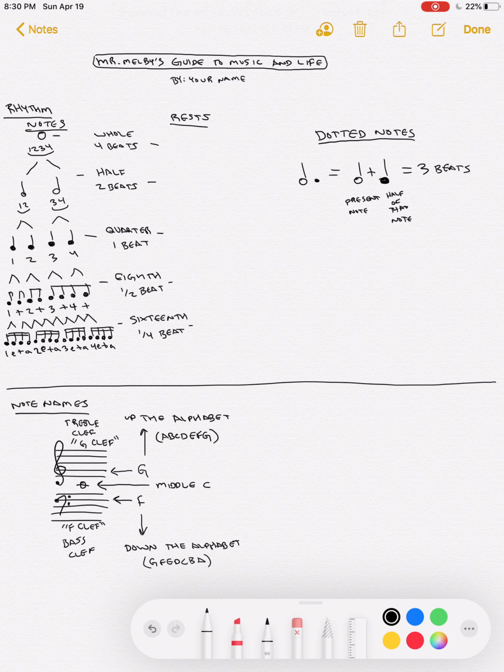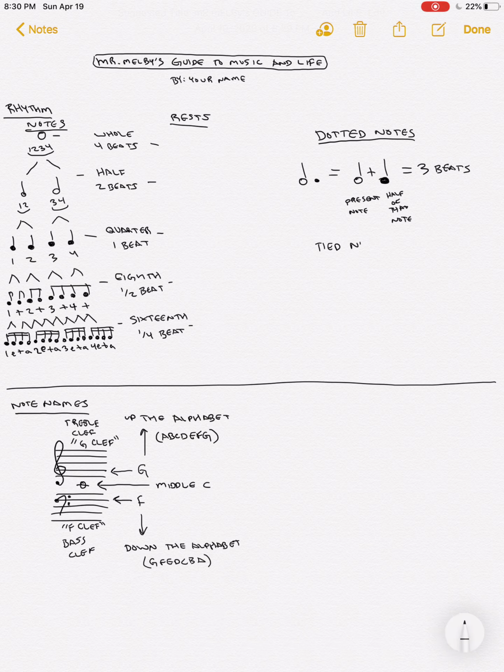Below dotted notes, we have tied notes. Tied notes are simply when we take one note and another note and tie them together with a curved line.